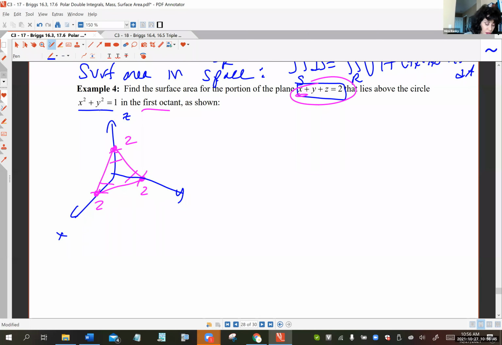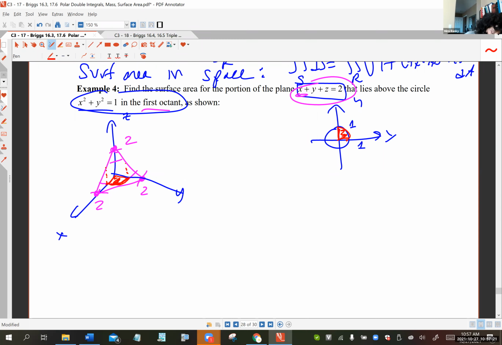What portion? Well, first, they want you to draw what's going on in the XY plane. Well, in the XY plane, it's just a little unit circle here. So if I draw that unit circle here in 3D in the XY plane, it's down here. Now what? Well, in the first quadrant, which is just this portion of the circle, we want the portion of the plane that's hovering over that little quarter of a circle.